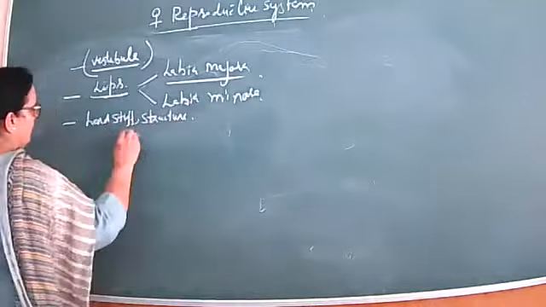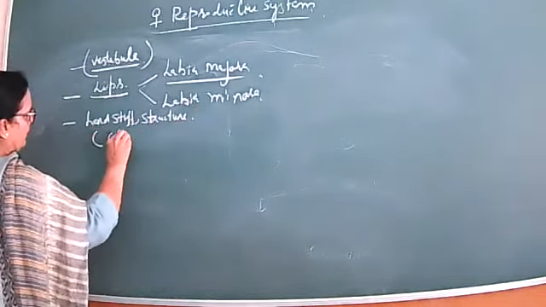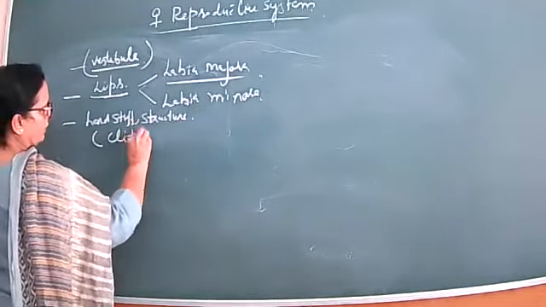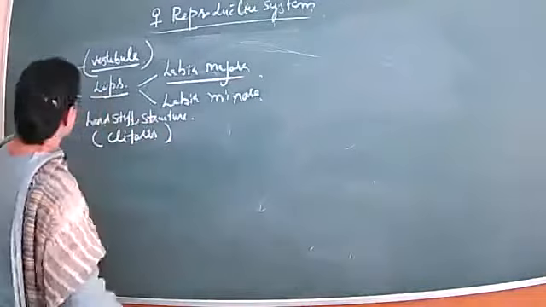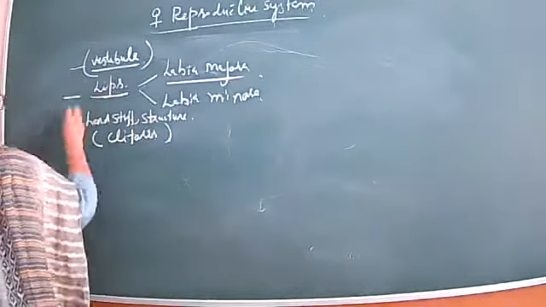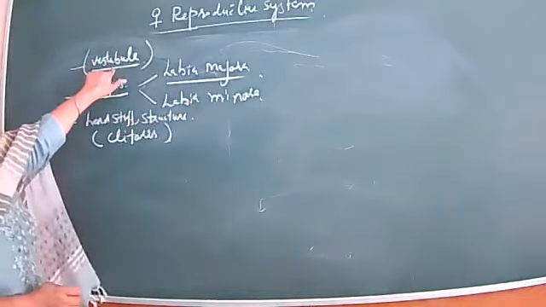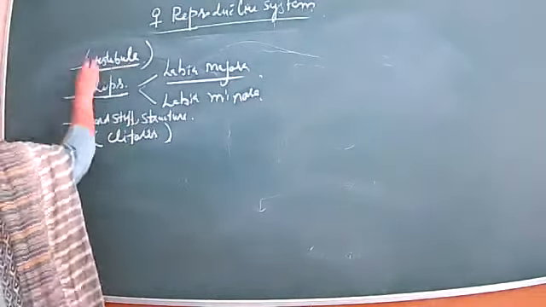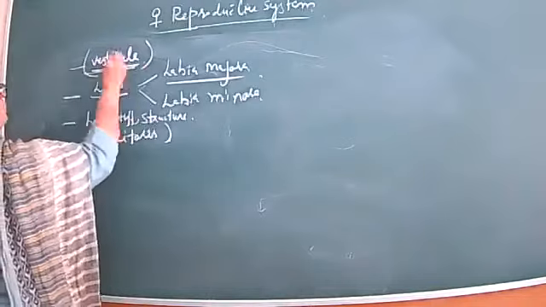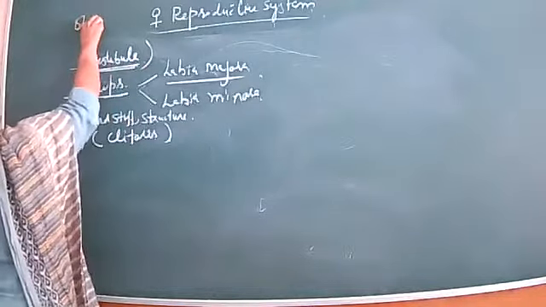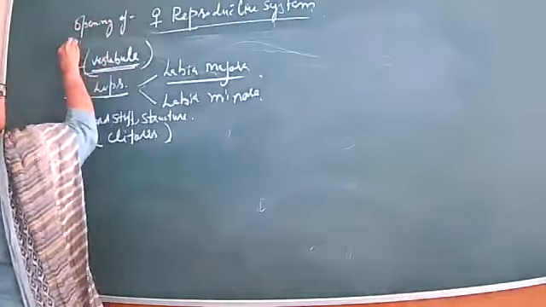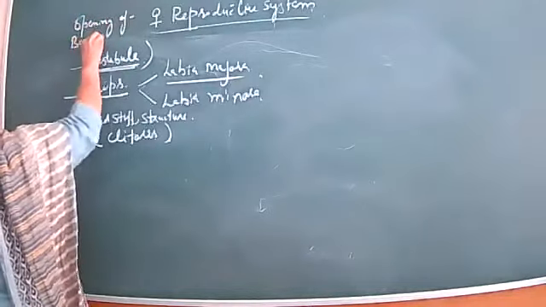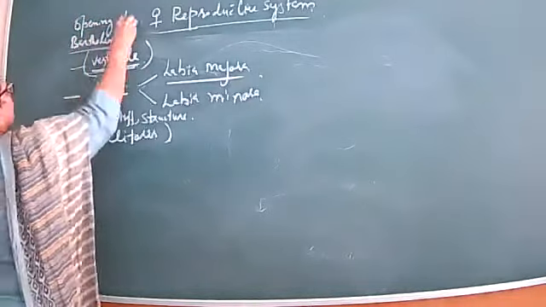I put clitoris in brackets, right? And then in front of this is the vestibule. In the vestibule area, the Bartholin's glands open. So the opening of Bartholin's gland is also there.